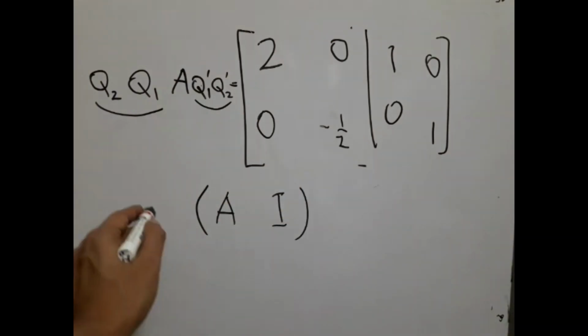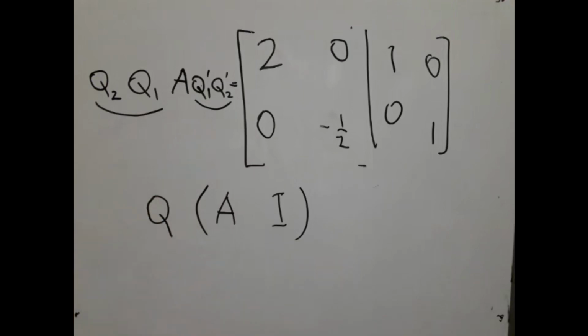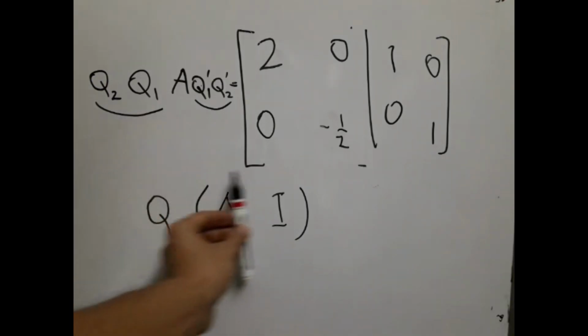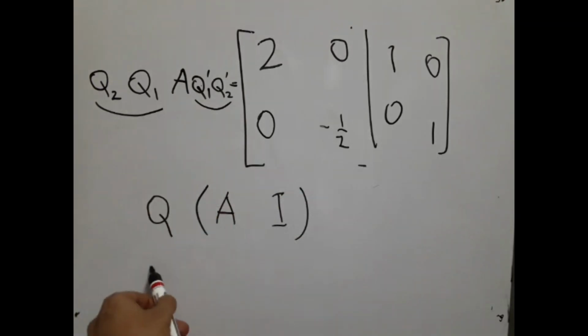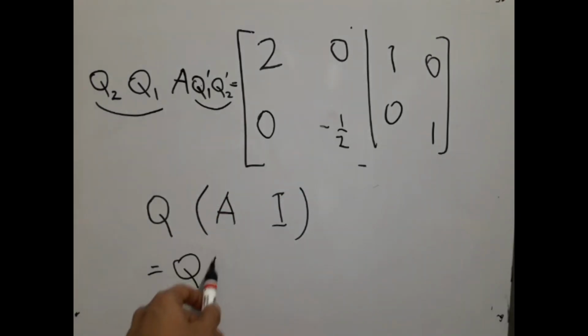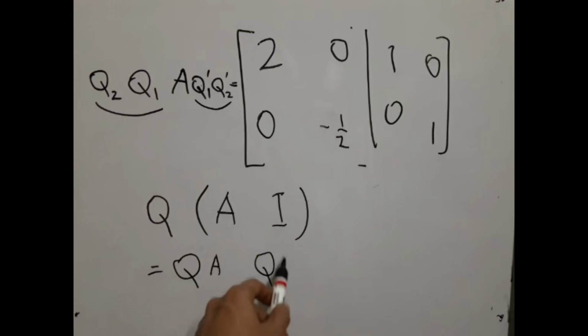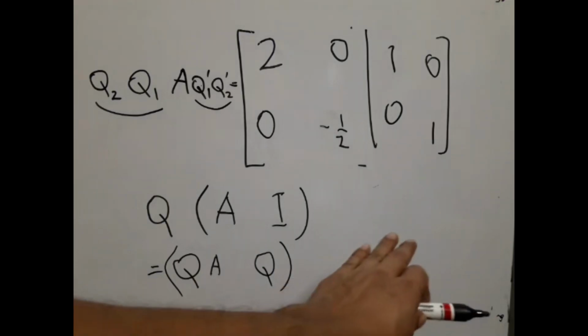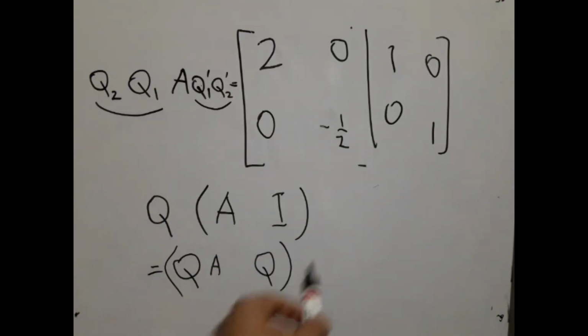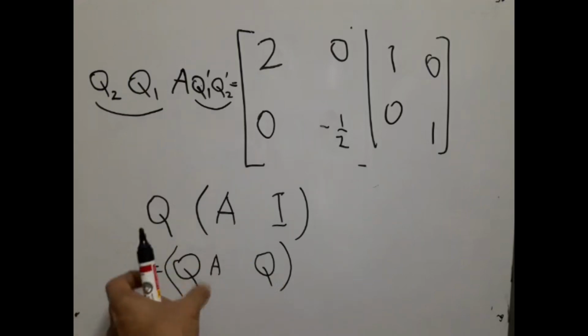And now whenever I pre-multiply by Q, remember, pre-multiplication distributes over its columns. So this is basically QA and Q times I. So this I turns into the Q. Now, of course, I also have to post-multiply. When I post-multiply, I am working with columns.